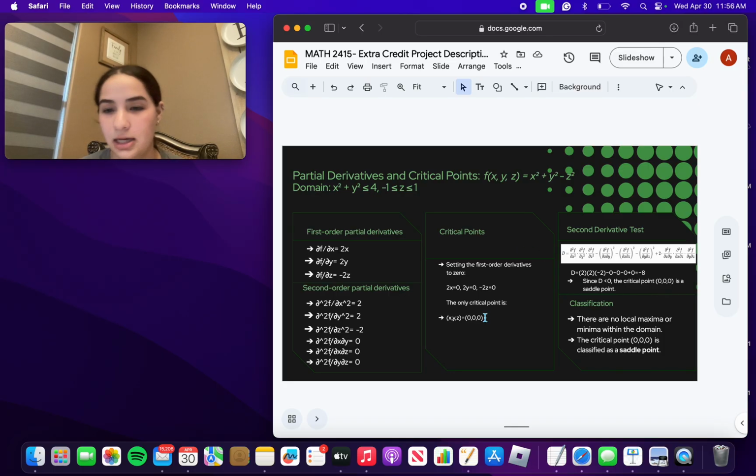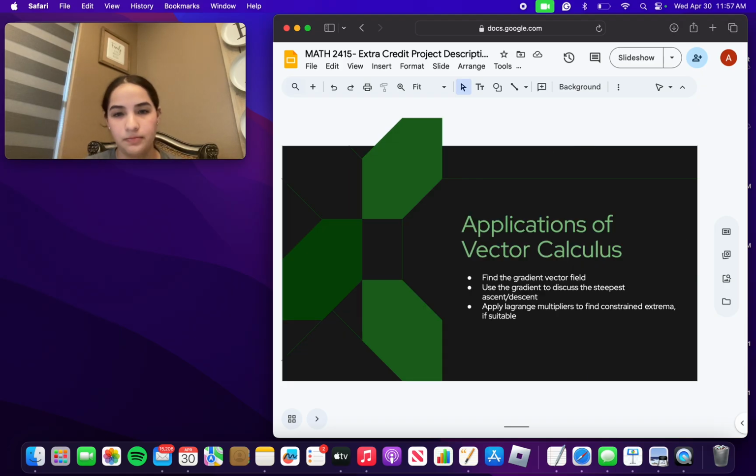There are no local maxima or minima within the domain.